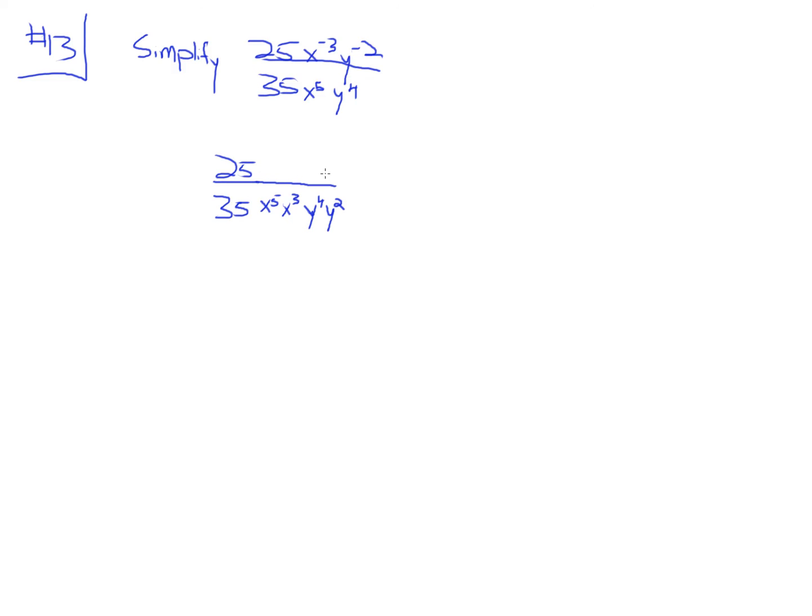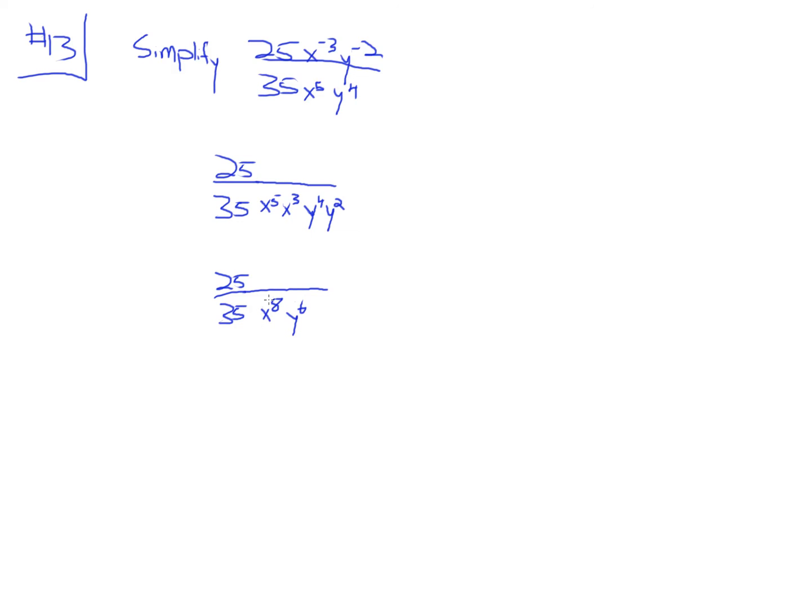So I see I've got no variables in my numerator. Now I can just use my rules, where I say, okay, if I've got two variables raised to some power multiplied by each other, then I can add their exponents. So next step is 25 over 35. I haven't done anything there, but I'm going to combine my x's. So 5 plus 3 is 8, and 4 plus 2 is 6.